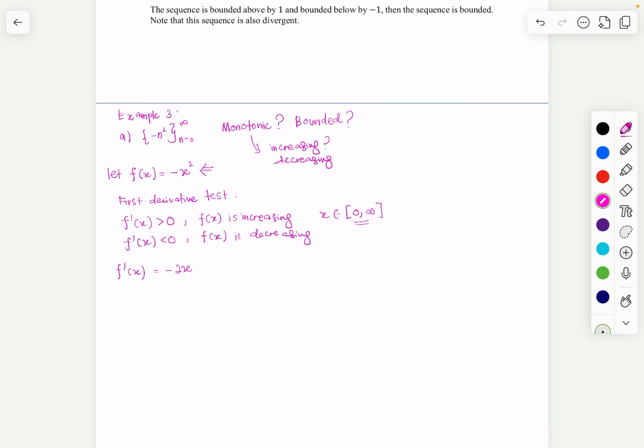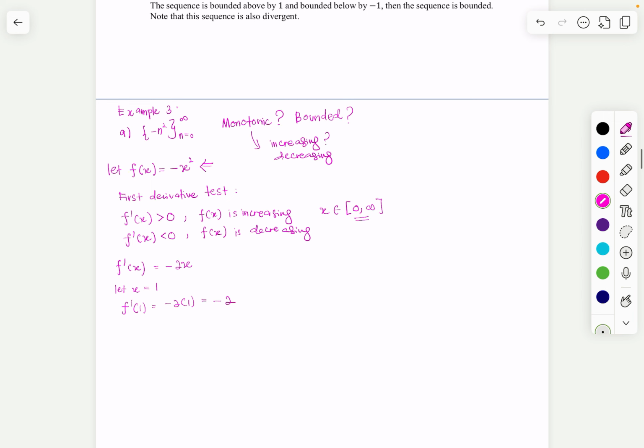Let's say I choose 1. If x is 1, then you get negative 2 multiplied by 1, which is negative 2. You can check any number inside this interval, but I just put 1 because it is easier. So when x is 1, or whatever number inside the interval, you get a negative number. So this is actually decreasing.